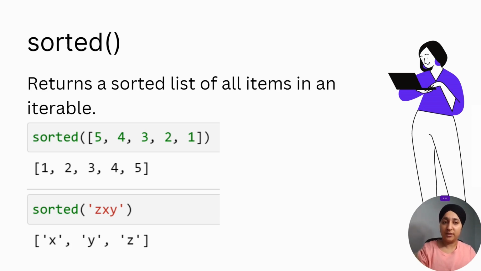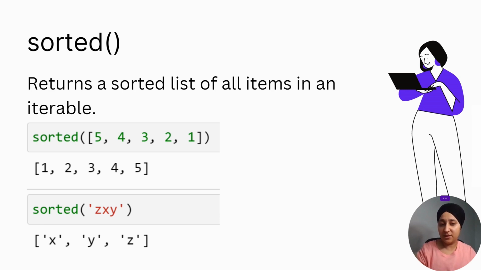Sorted. Sorted is a method that returns a sorted list of all elements in an iterable. So now we have used the sorted method here. Within the parenthesis we are passing an iterable, that is a list, right? Actually this list is sorted, but it is in decreasing order.